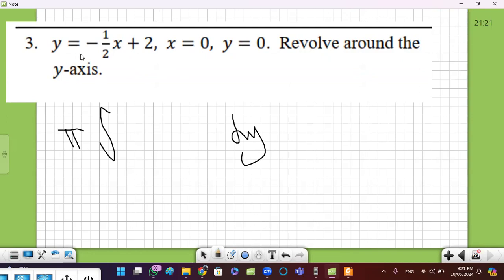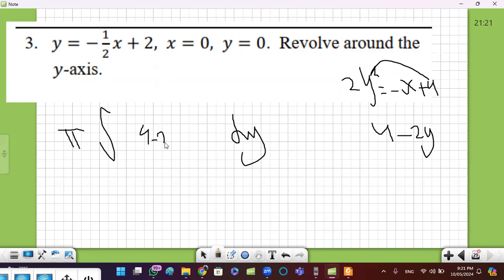But I here need to find x. I multiply by 2, so it will be 2y equal negative x plus 4. Send this to the other side, change signs. So 4 minus 2y.